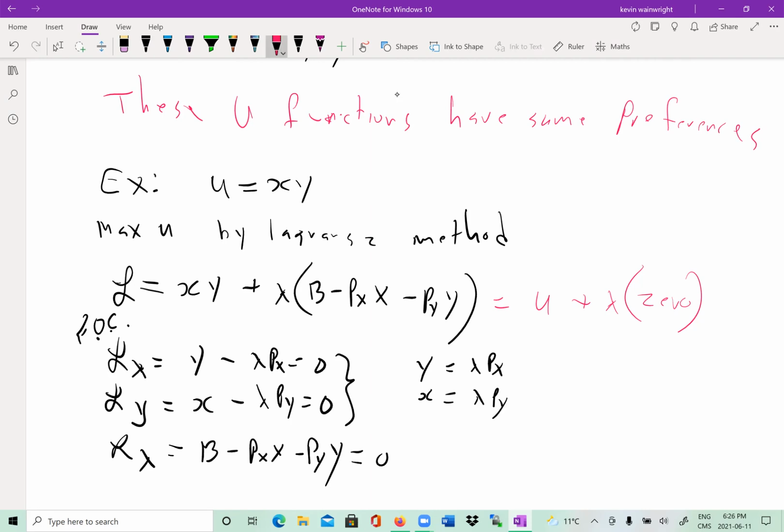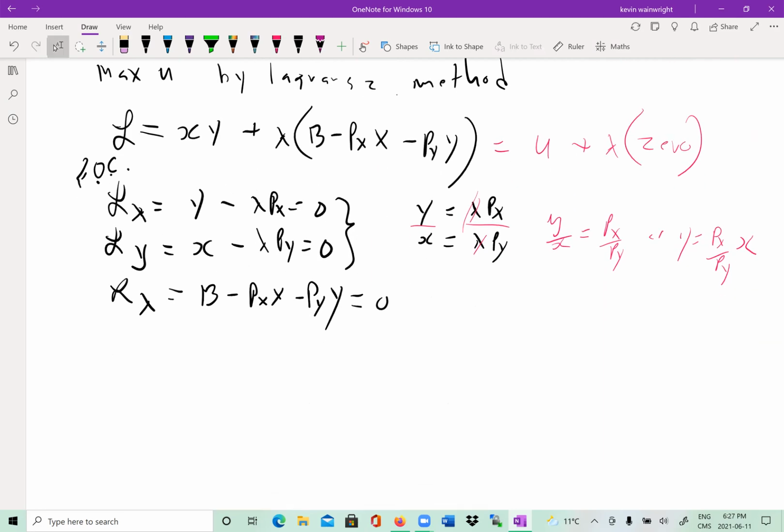If I divide the first equation by the second, the lambdas cancel, and I'm left with y over x equals px over py, or y equals px over py times x. So that I can substitute back into the budget constraint to get a final solution.